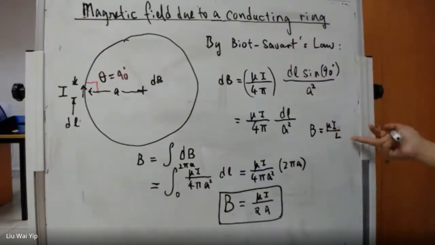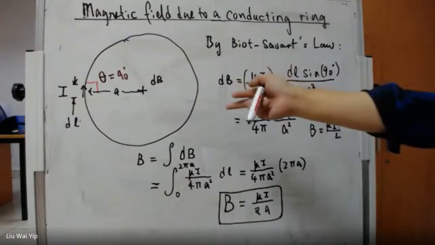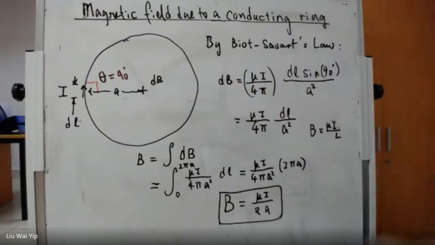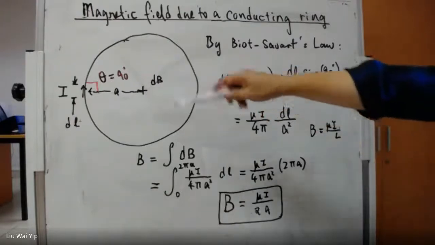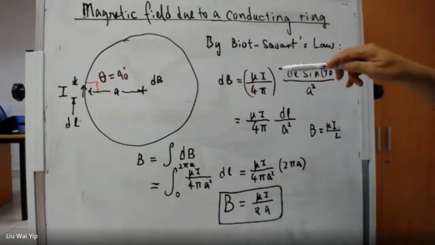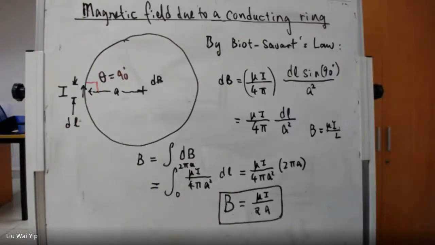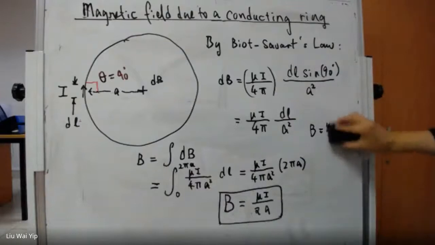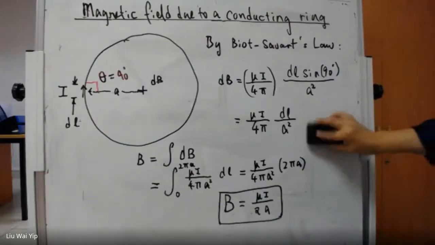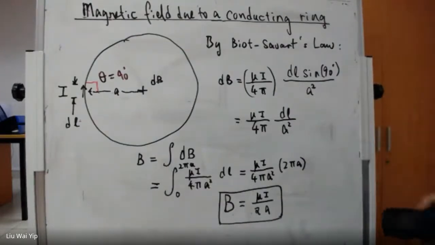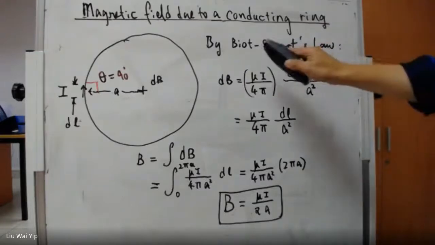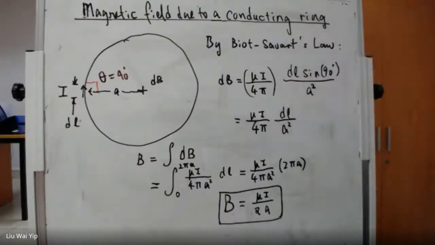In this case, we don't know the height. There's no height in this conducting ring, we only have 2a. So I don't know which is which, but this is what you get by the Biot-Savart law. Okay, thank you.